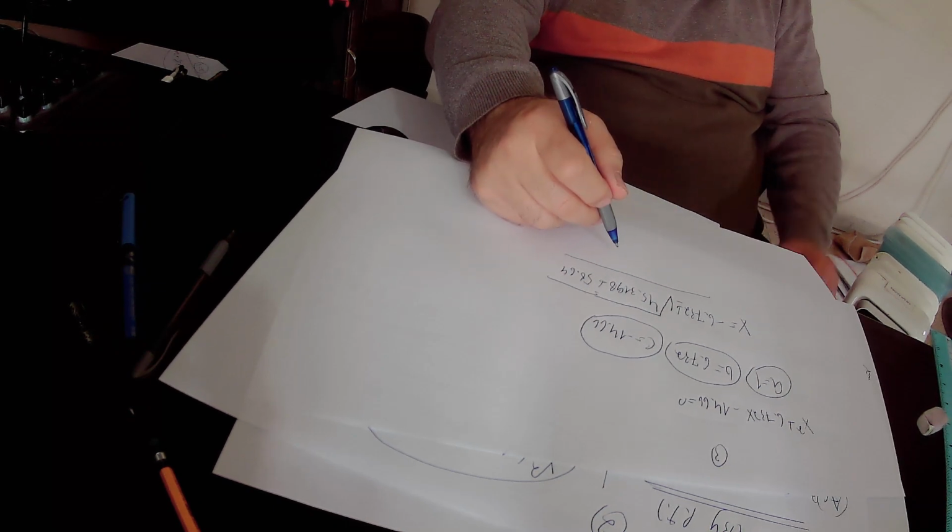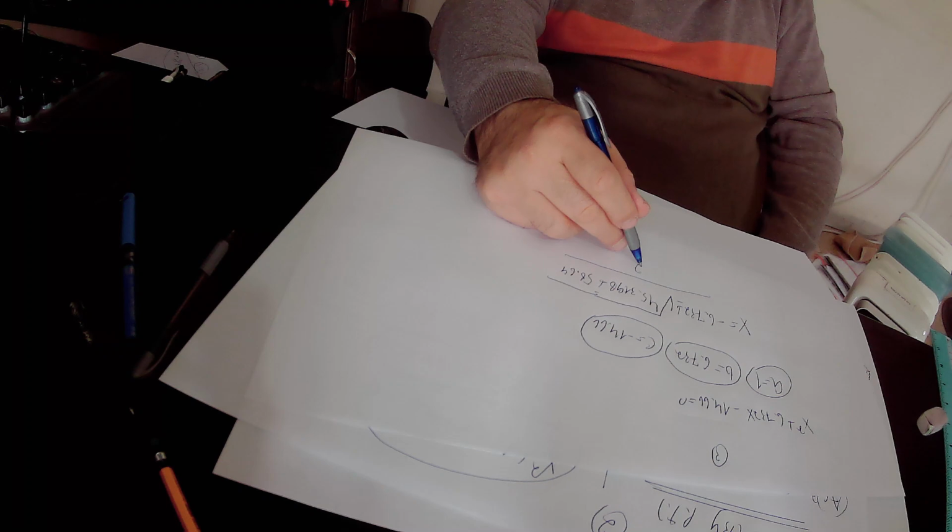A is 1, so 2 times a is 2 times 1, that is 2.